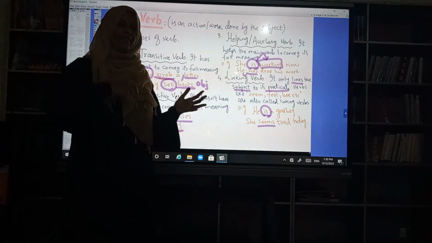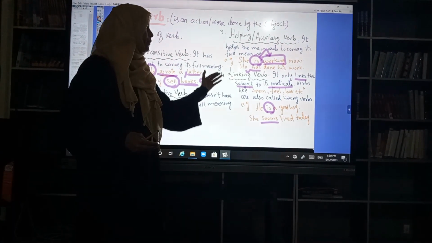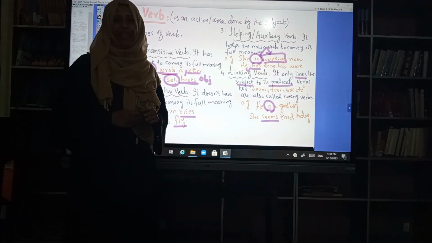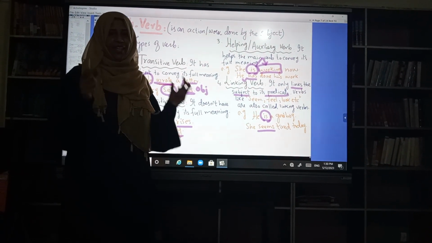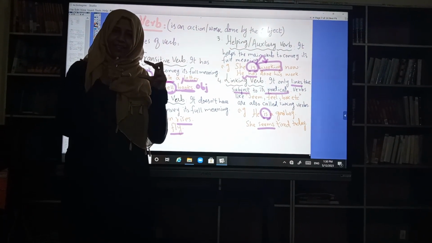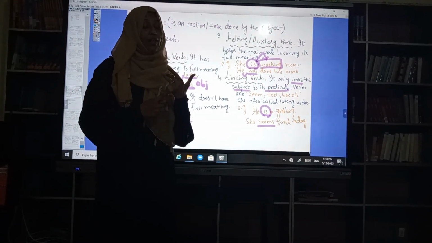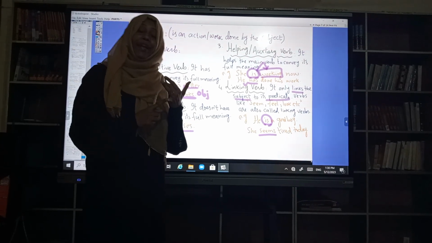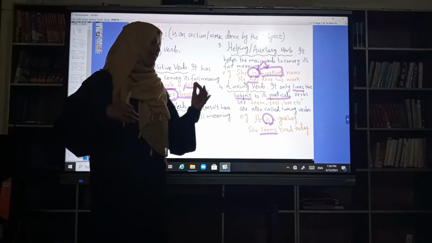Okay, now in particular contrast to helping verb, comes the fourth type, linking verb. Linking verb, my dear students, is a verb which basically links the subject to the predicate. You know, the subject is the doer, the one who does an action, and the predicate is the part of a sentence other than the subject.